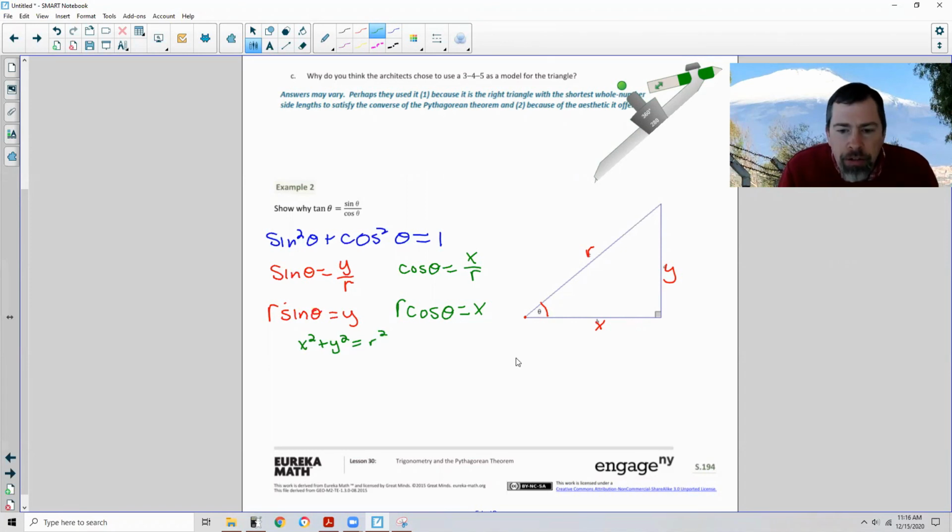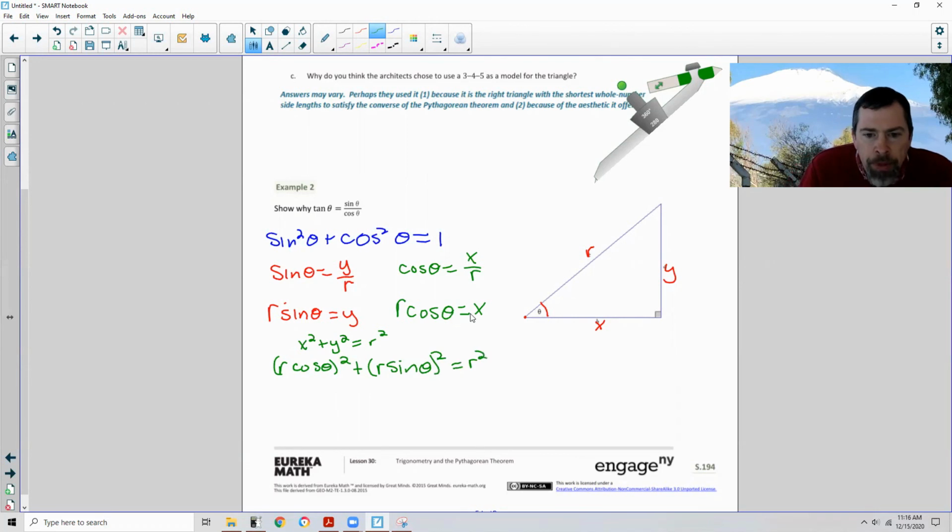That is the Pythagorean theorem. Okay, so once I do that, I will substitute in what I have now for my values. Well, X is R cosine theta. So I could say R cosine theta squared plus R sine theta squared equals R squared.